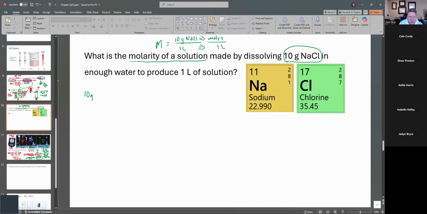Now 10 g NaCl. What is the molar mass? I'm going to say that's 22 point, I'm going to call it 23. I'm going to call this 35.5.